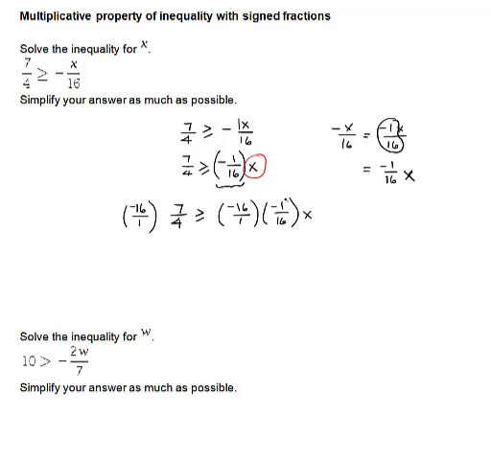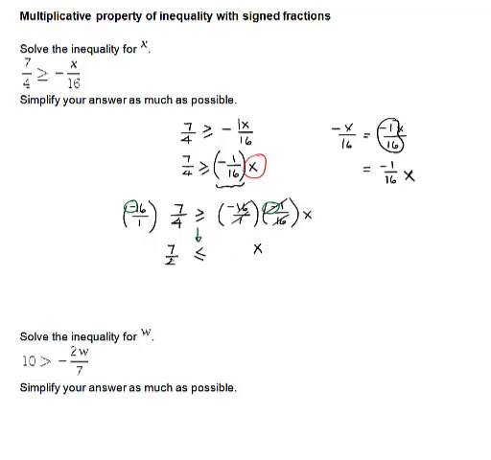The reason that works is I can cancel all of these and I get a positive x. But because I multiplied both sides by a negative number, I have to change my inequality sign, and I have to flip that as well. So I have x by itself.